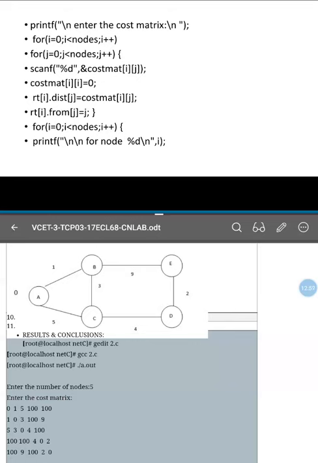With respect to the root node, first A, distance to A, B, C, D. Similarly, with respect to root A, from 0, from 1, from 2, from 3, from 4, that value will be stored. For the dist, it will be the same value as we write in the cost matrix, and from will be that same value: from 0, that means 0, from 1, that will be 1, it will be stored.